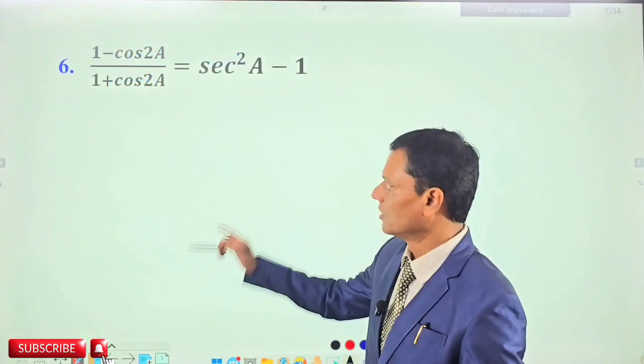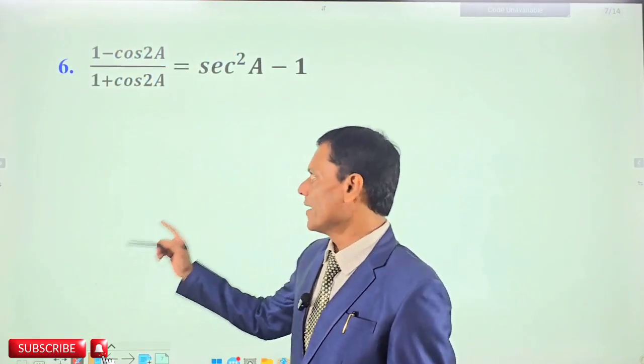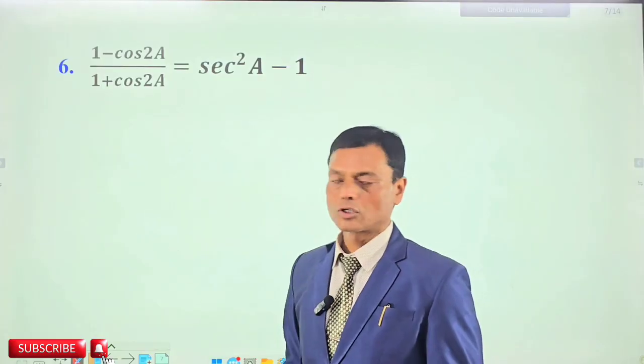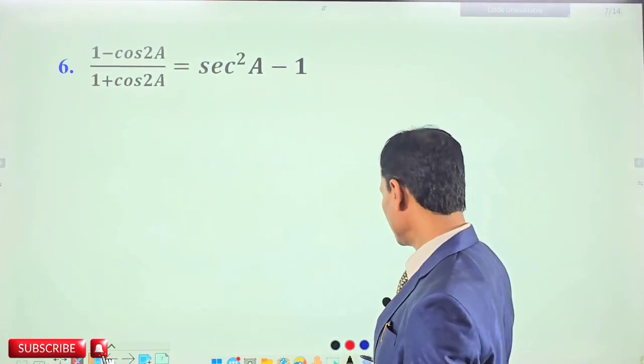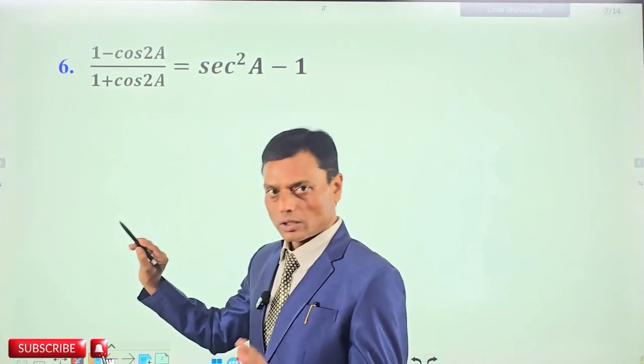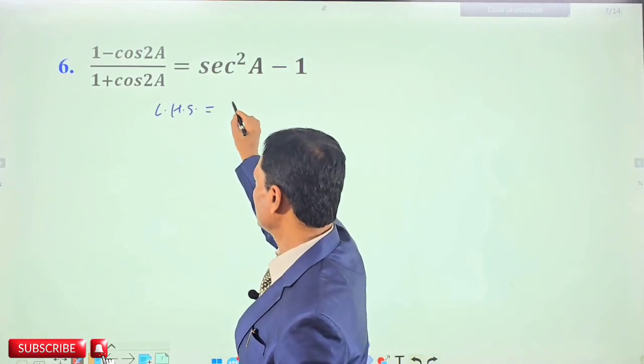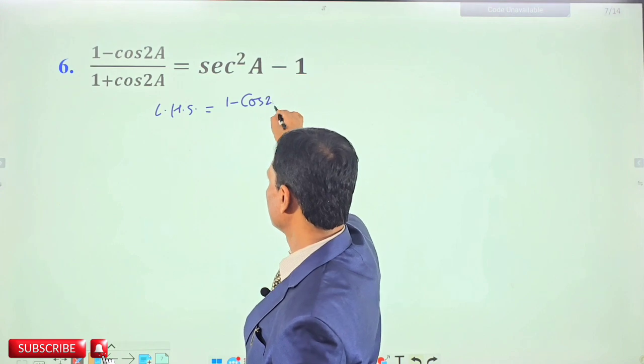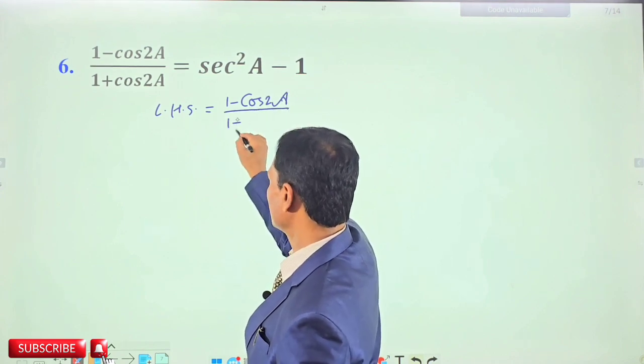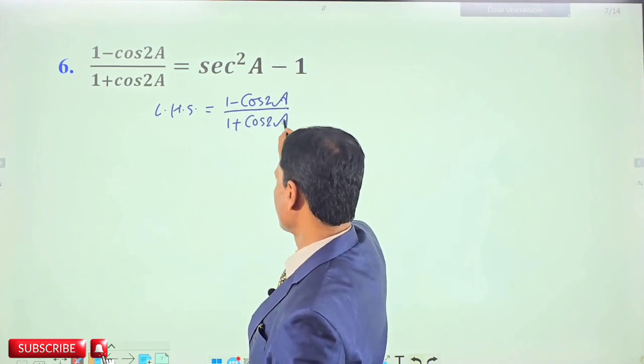Isn't it? Next identity we have: 1 minus cos 2a over 1 plus cos 2a equals sec square a minus 1. So let's choose the left hand side. Left hand side we have 1 minus cos 2a over 1 plus cos 2a. Right?